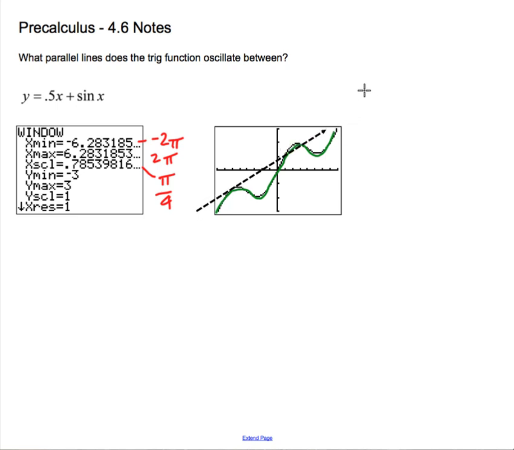So look, here's a parallel line. Let's see if I can get it lined up right. It's not cooperating with me. There we go.